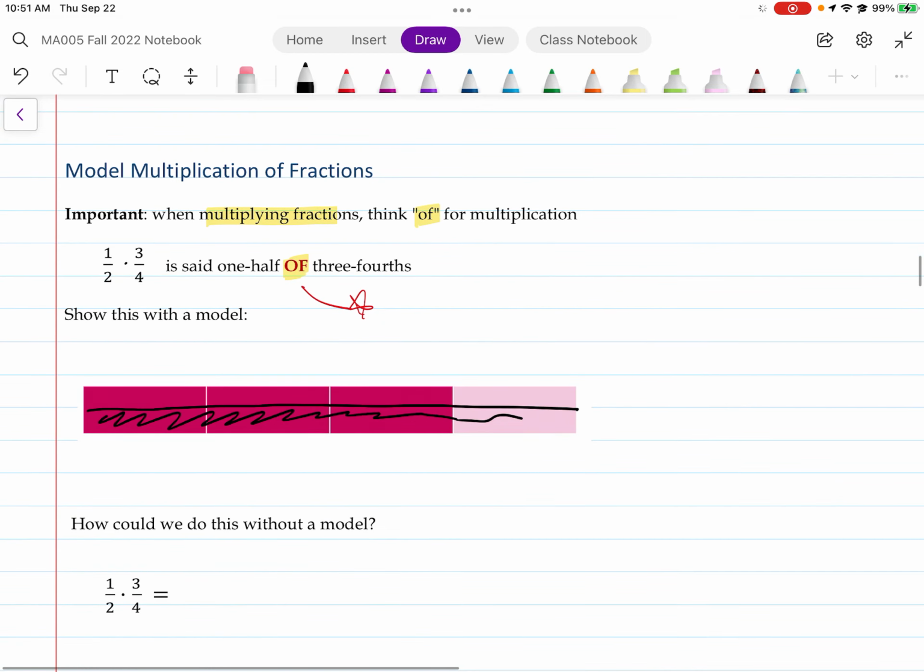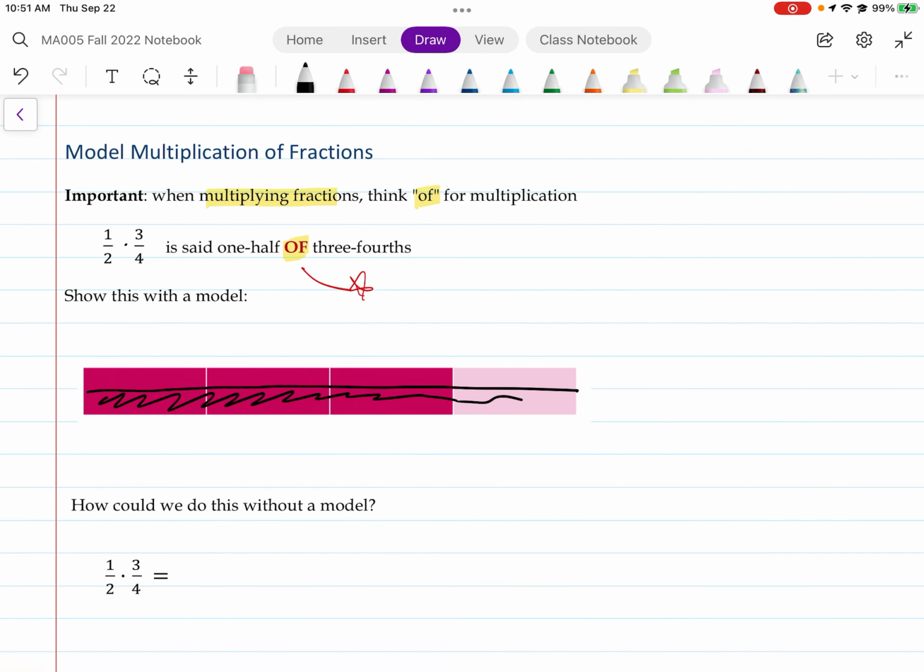All right, so how could we do this without a model? And I should just highlight these right here. So we would recolor the ones that are colored in. Now it is split up into eighths, right? Into eighths. And there are 3 of them because we only took 1/2 of the 3/4. So 3 of the eighths are now colored in. Okay, so 1/2 of 3/4 is 3/8.